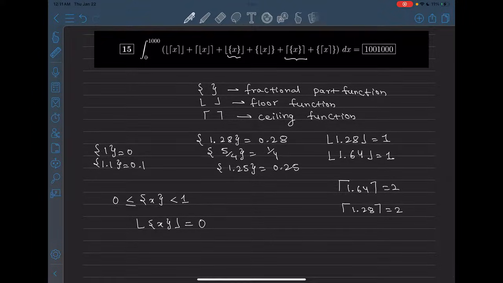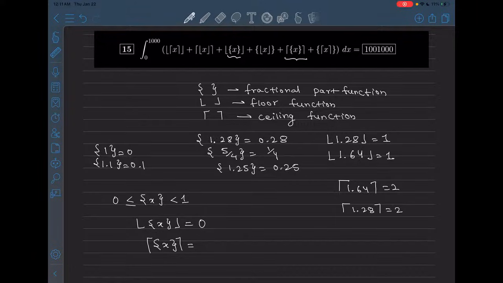And then over here, for the purpose of this integral, for the ceiling, if you take the ceiling, so this thing should always be 1.